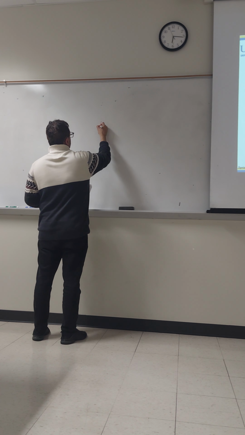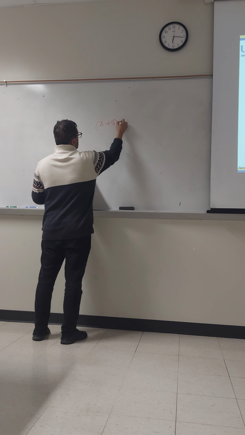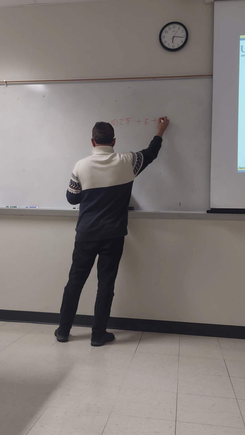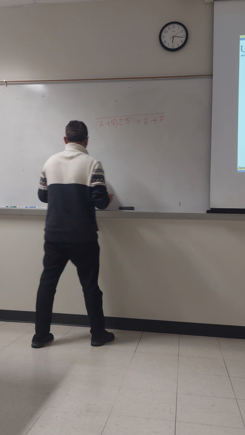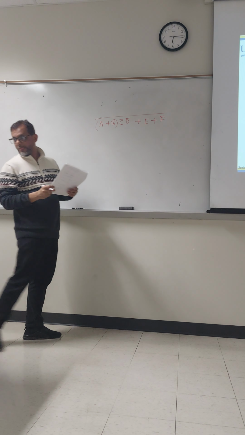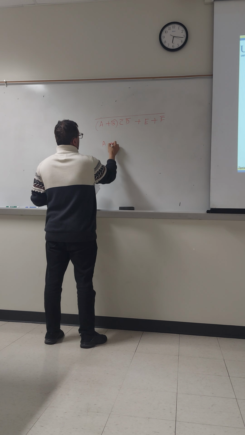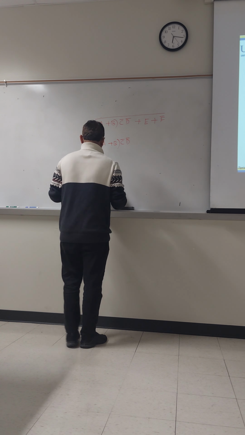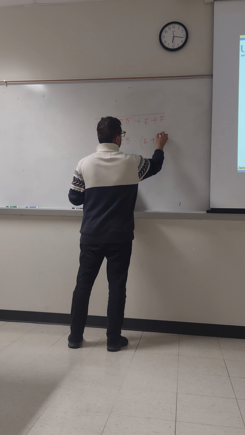So the question was A plus B, C bar D bar plus E plus F whole bar, right? So here we can make it A plus B C bar D bar dot E plus F bar whole bar.